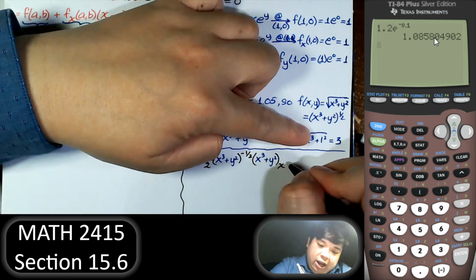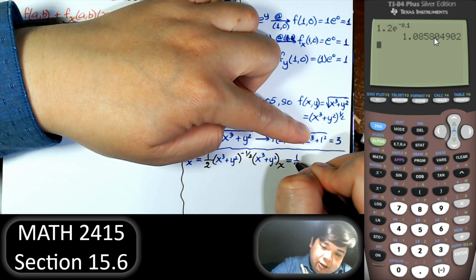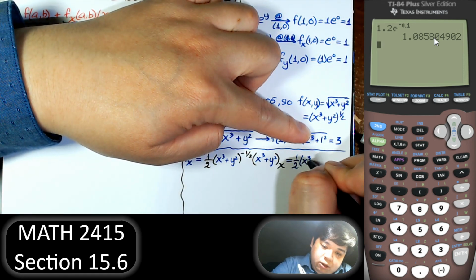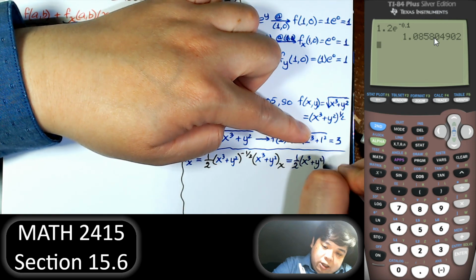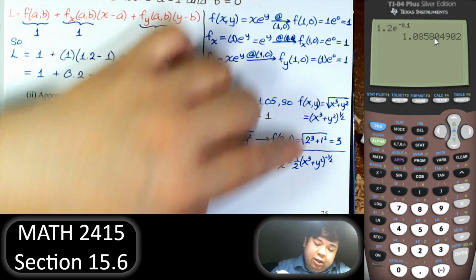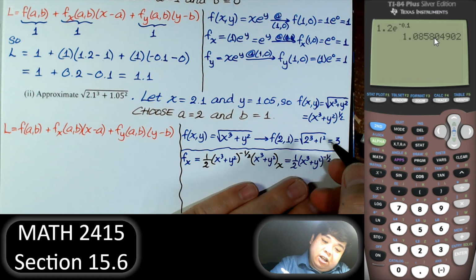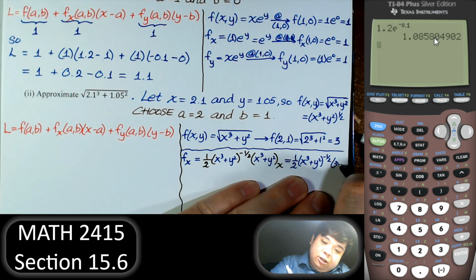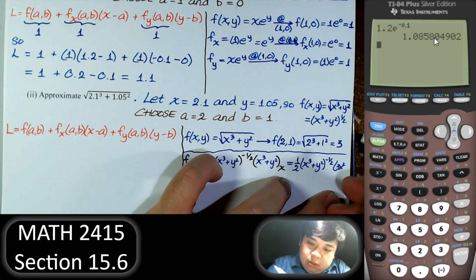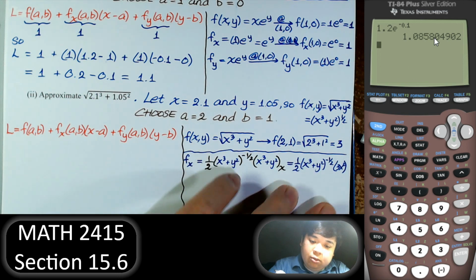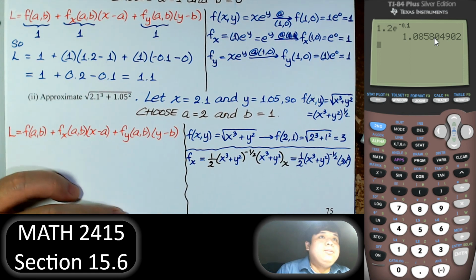So we have 1/2 times x cubed plus y squared to the negative 1/2, and the derivative with respect to x here is 3x squared. Right.